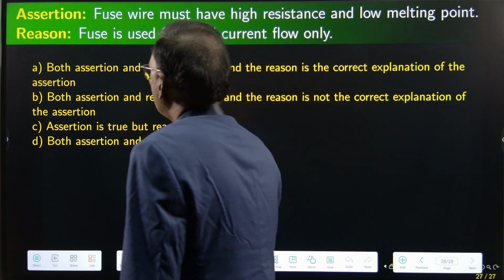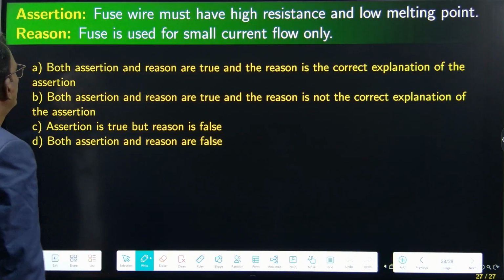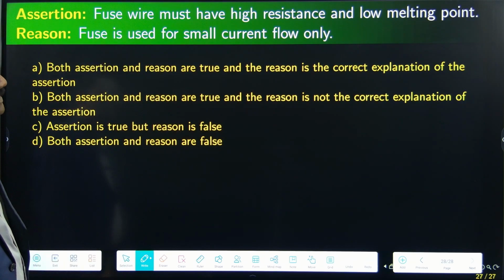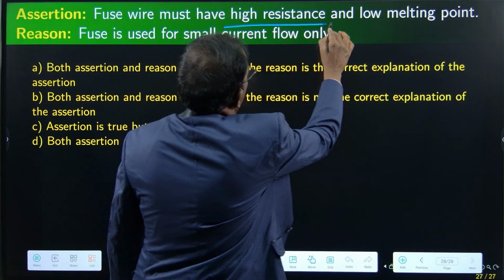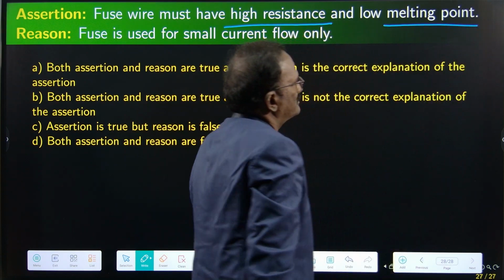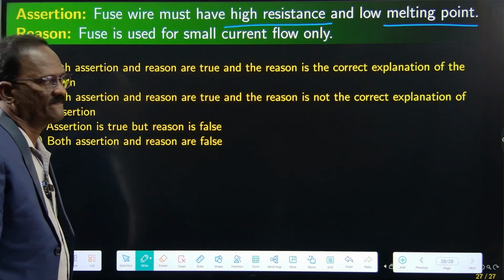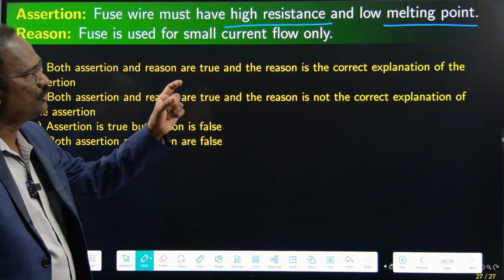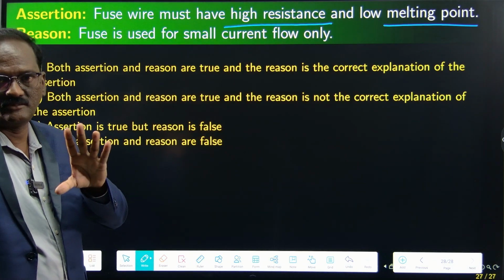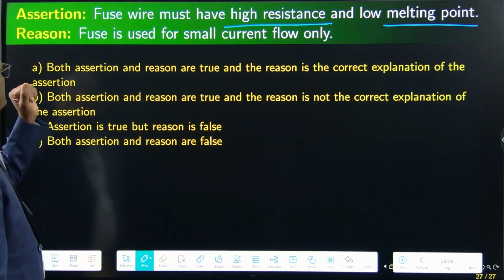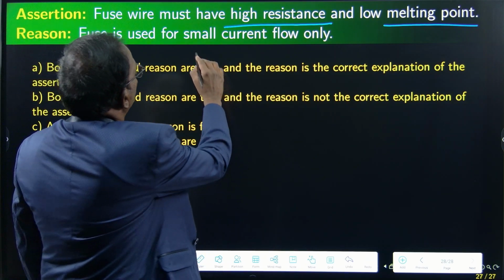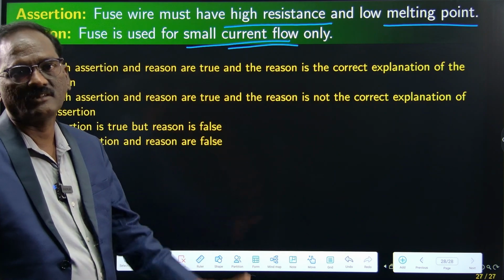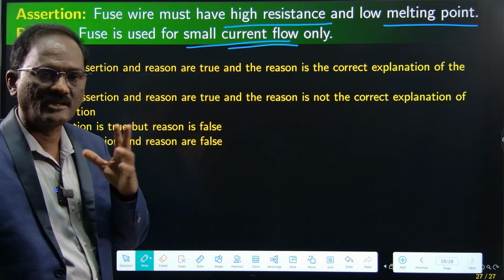This is an assertion-reason question. The assertion: a fuse wire must have high resistance and low melting point. Yes, true. A fuse wire must have high resistance so that its current rating is low, and a low melting point so that it quickly burns. The reason: fuse is used for small current flow only. No, fuse wires are used for all applications, small current, medium current, high value of current.